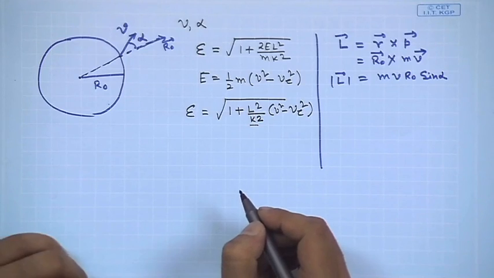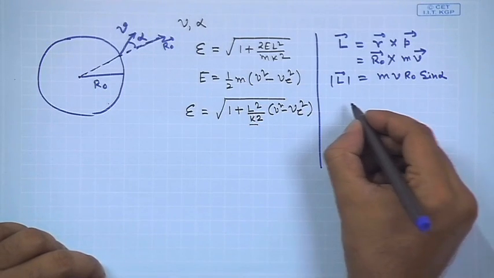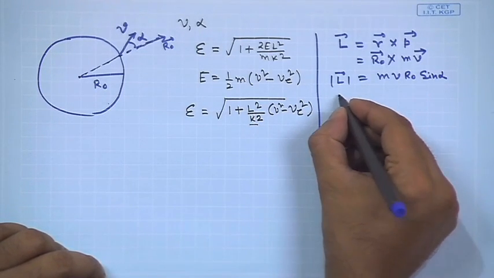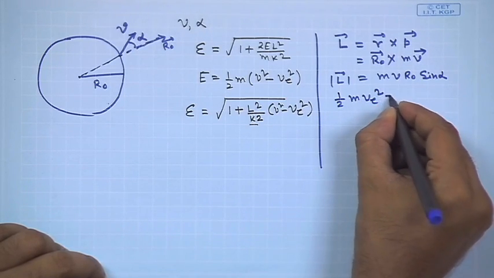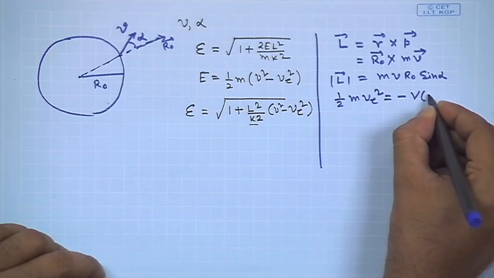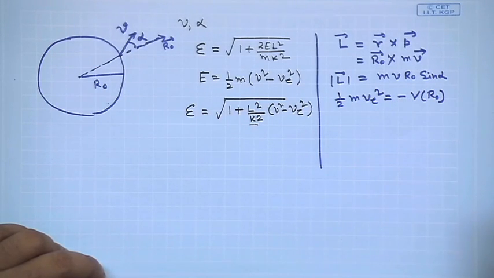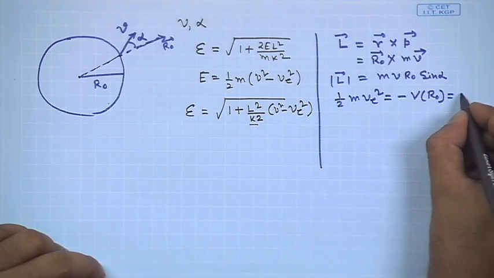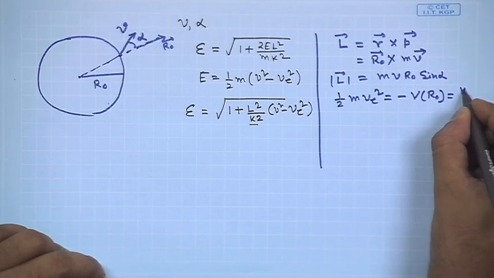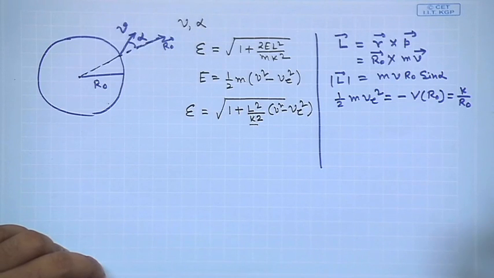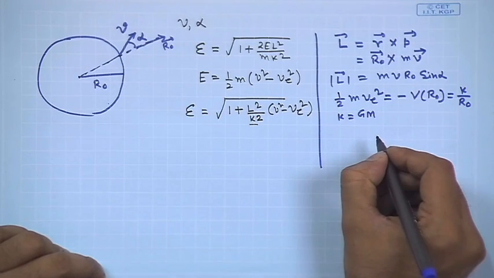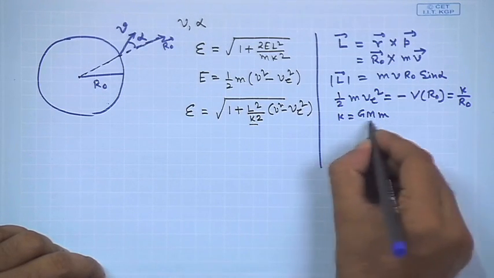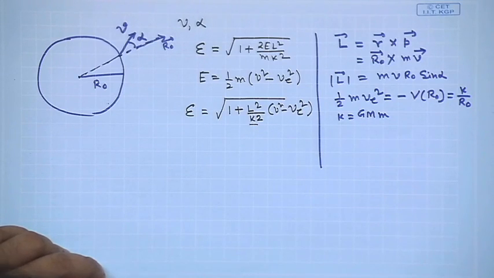Similarly, k can be replaced by the expression: half m v e square is equal to minus V of r0, which is given by k by r0, k being the force constant. Actually, we know that k is equal to G M m, but we are not writing it in the explicit form.